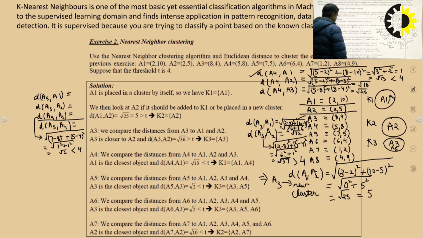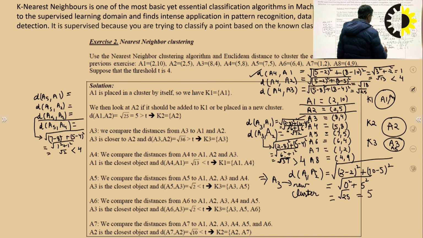Now we take up the next point, which is A6. For A6, we will have to calculate the Euclidean distances with all the previous points which are there in the existing clusters. So the Euclidean distance of A6 with A1, with A2, with A3, with A4, and with A5.